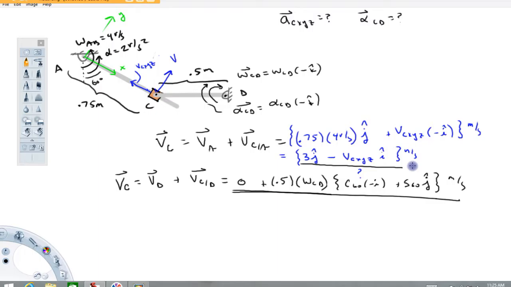All right, next, now we're going to compare this equation to this equation. So I'm going to do this by comparing components here, and I guess I'll do the j components first. So here we've got a 3j, so I'm going to just put 3, and again, these are in units of meter per second, equals, and I'm going to take a look right here, j component, we're going to have 0.5 omega CD sine 60.